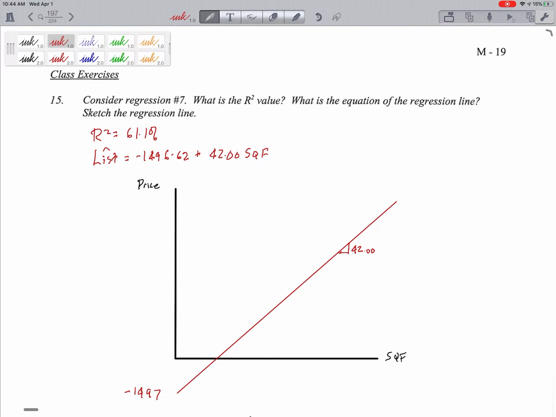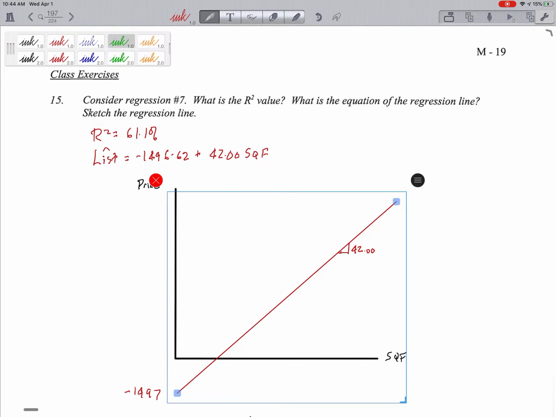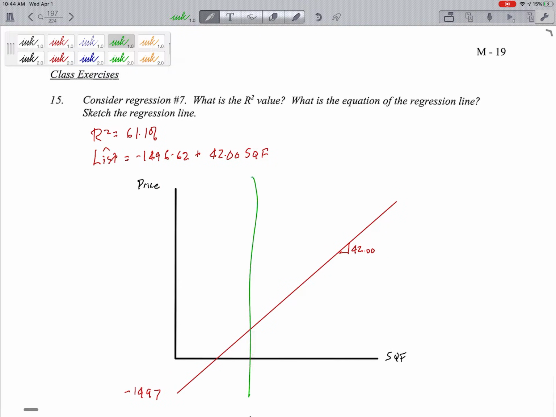Now again, you might wonder, how can you have a negative intercept here? And the reason is that, remember that regression is good within a certain range. So it might be something like this. I think the smallest house size we had was 1,860 square feet. So you wouldn't want to go much below that.